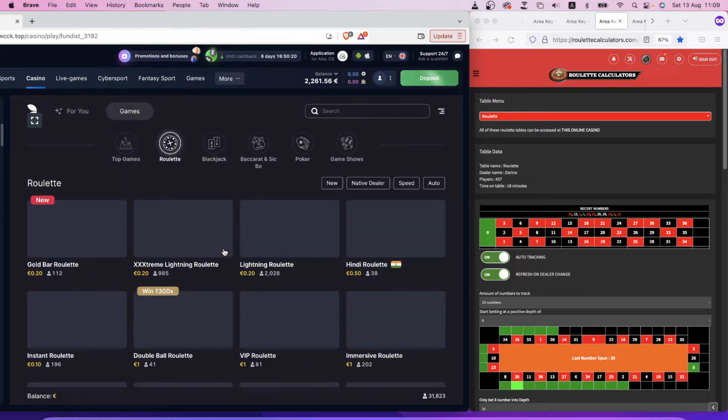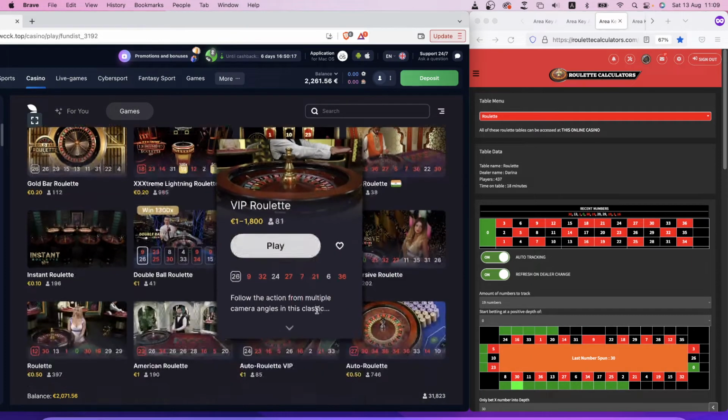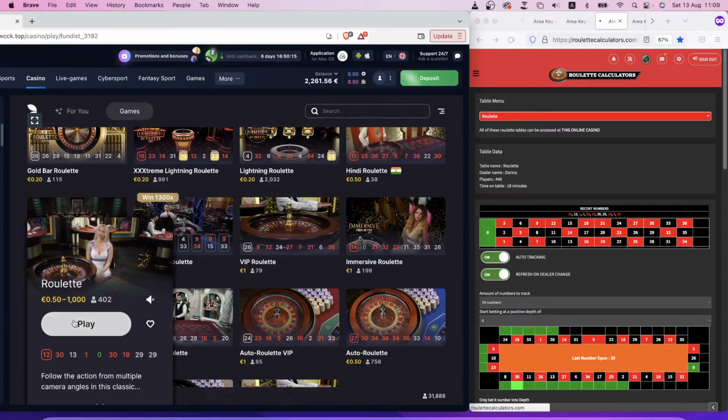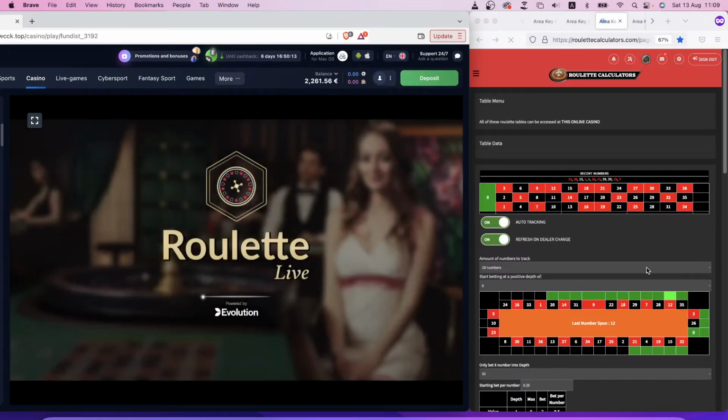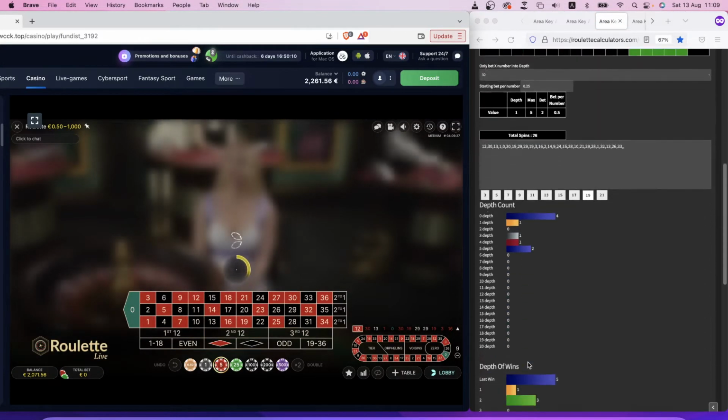Because the unhighlighted is definitely being favored at the moment for this one. And there you go. Depth of 1 again.